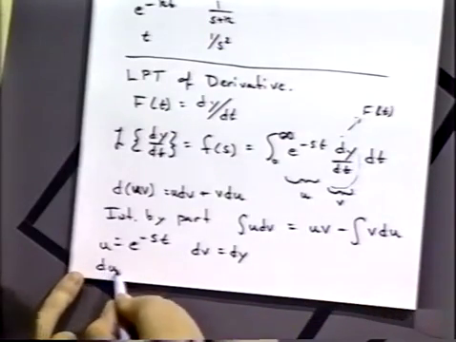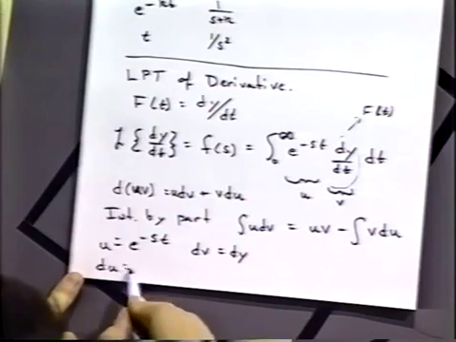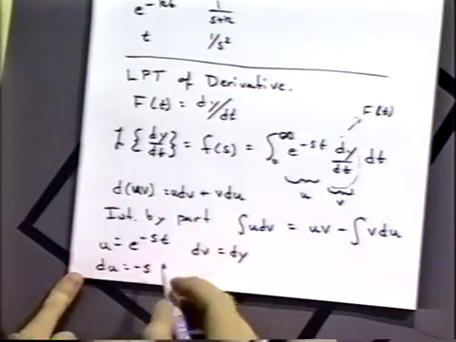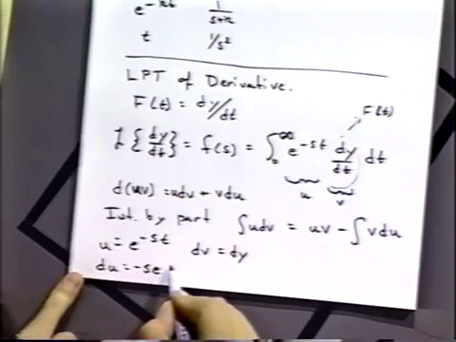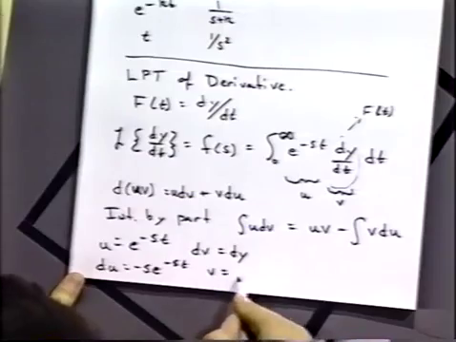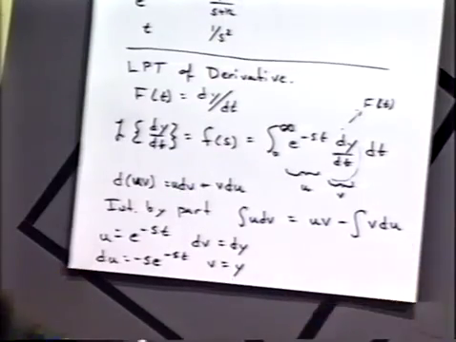Well, du we can quickly do; remember, the integral of an exponential is just what's in the exponent, so it'd be minus s e to the minus st, and v is equal to y. All right, so let's put that up here.